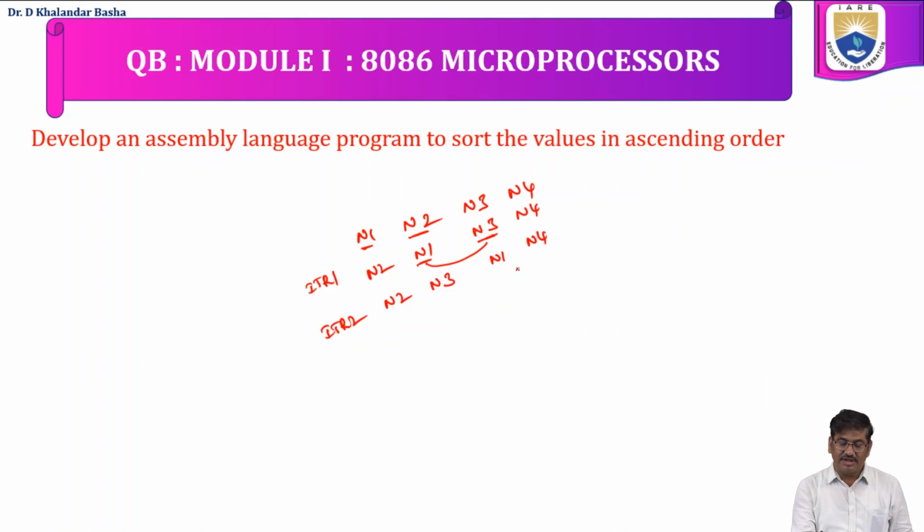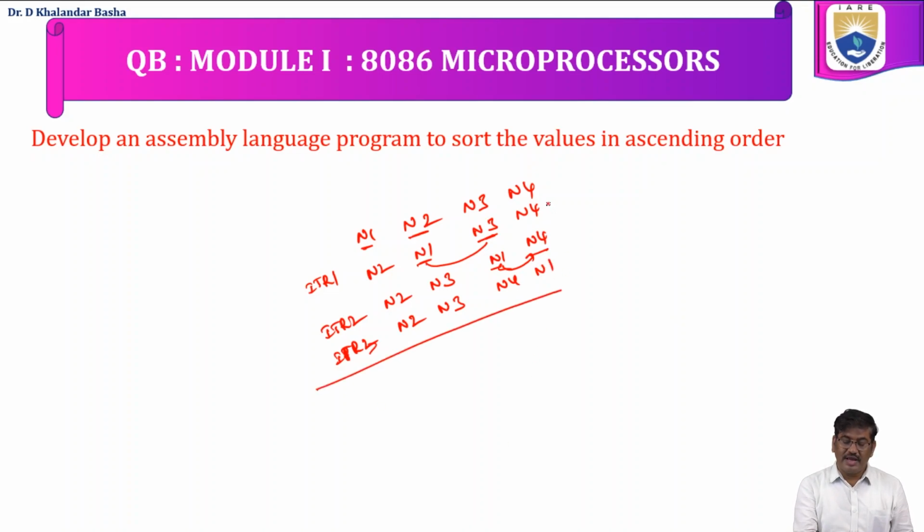In the next iteration, we compare the third value with the fourth value, that is N1 with N4. We apply the same logic. If N1 is less than N4, don't alter these two contents. If N1 is bigger than N4, swap these two contents. With that, at the third iteration we get N2, N3, N4 and N1.